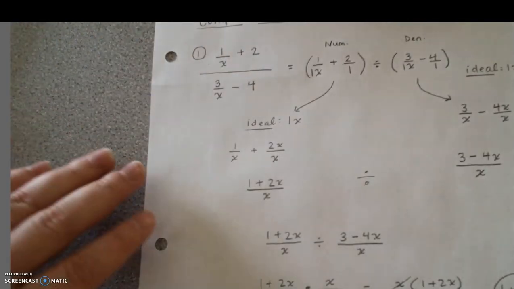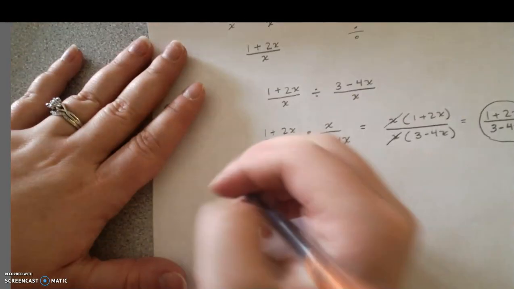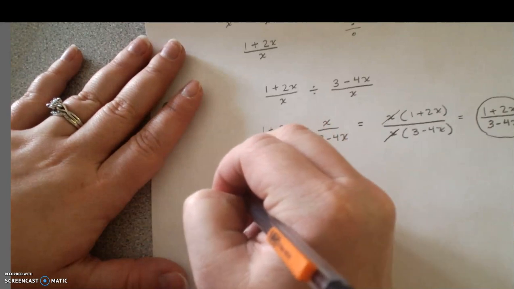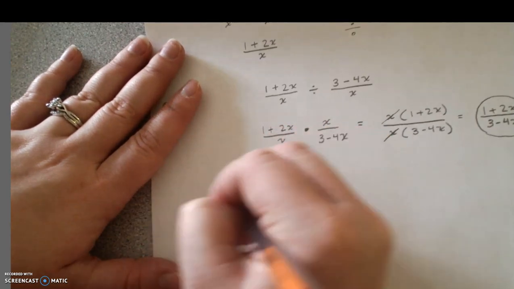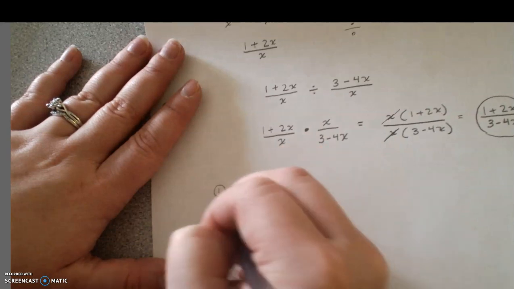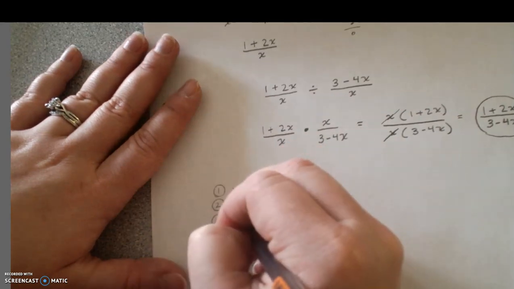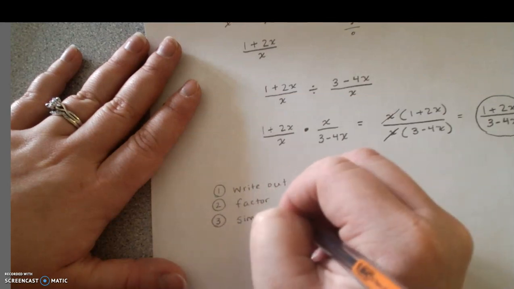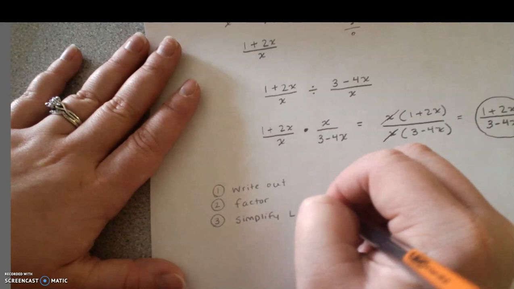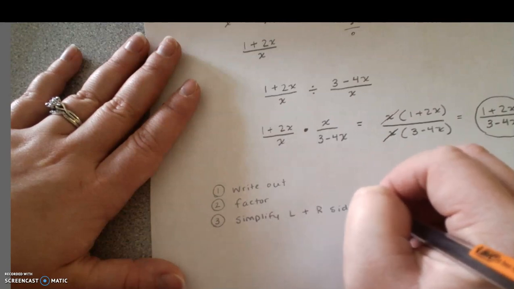So if we were to write steps for this, because I know some people like steps, first step would be to write out. Second step would be to factor. Third step would be to simplify left and right sides separately.